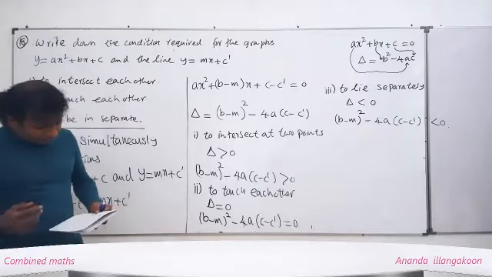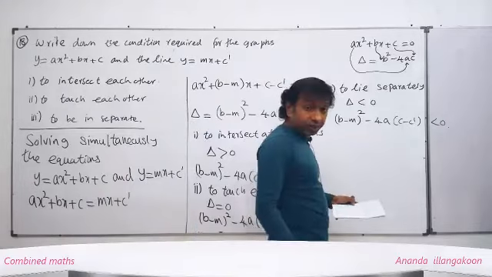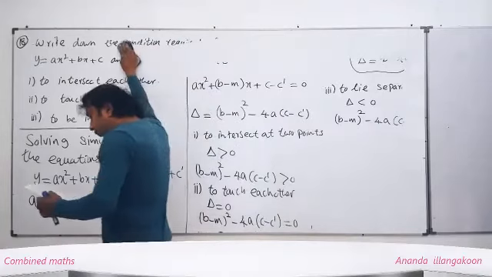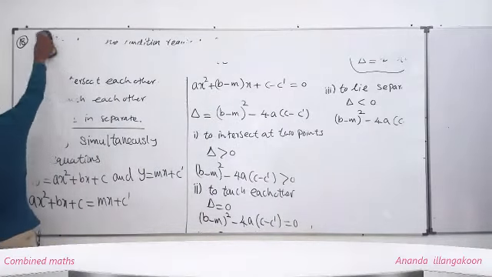Right. Now take question number 72. Let f(x) be given like this: x squared plus 2kx plus k plus 2, where k is a real constant.